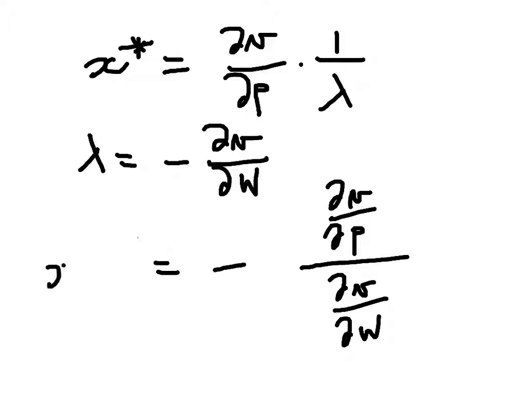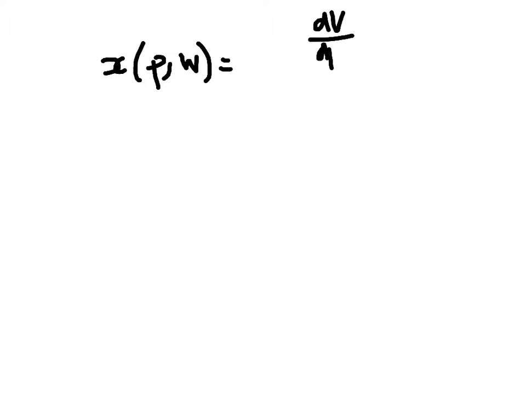Walrasian demand associated with P and W. And to understand this result a little better, let me consider the same expression in a differential form with a discrete change in price or wealth. So the Walrasian demand function is simply equal to this ratio.